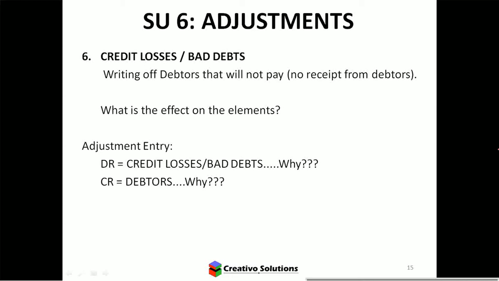A credit loss is an expense, but a provision for a credit loss would be seen as a liability because you're still going to have to pay it. Do you agree? Yeah. Okay, so debit the credit losses. Why? We're creating what type of account? Expense. Correct. Okay, we're creating an expense. Why do we take that off debtors?